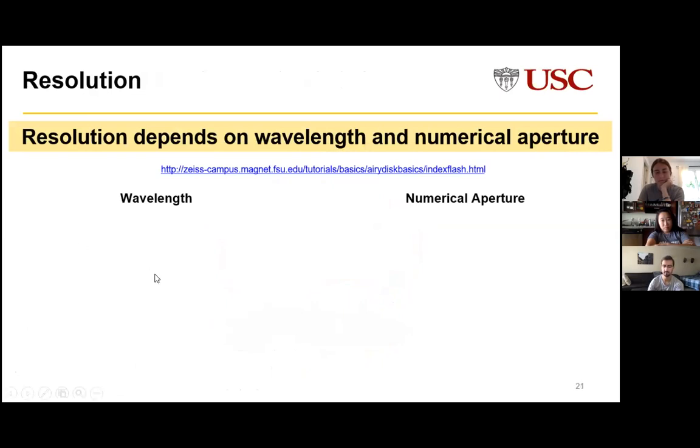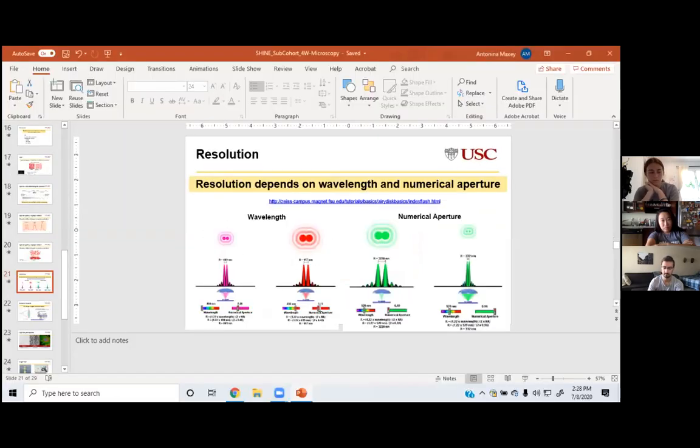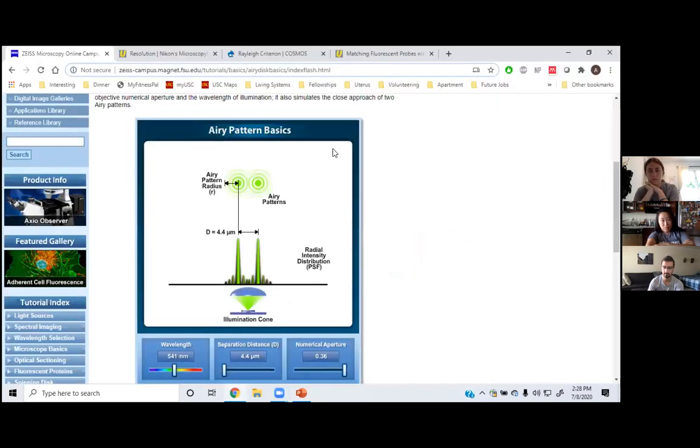So resolution depends on wavelength and numerical aperture. The ability to identify two separate point spread functions, two individual points, again, depends on the wavelength and the numerical aperture. So let's go ahead and take a look at that. This website is really useful. It's the Zeiss website.